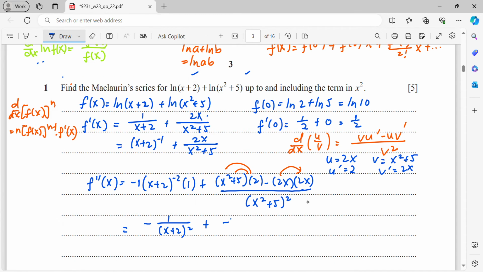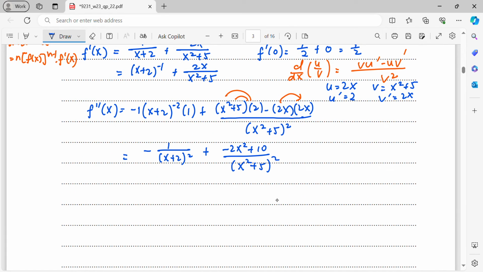So I will write (minus 2x squared plus 10) over (x squared plus 5) squared. Then now I will just replace x by 0. That is going to be negative 1 over 2 squared plus 10 over 5 squared. This is minus 1 over 4 plus 10 over 25. At last, you will be getting 3 over 20.